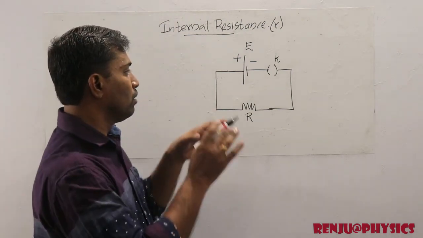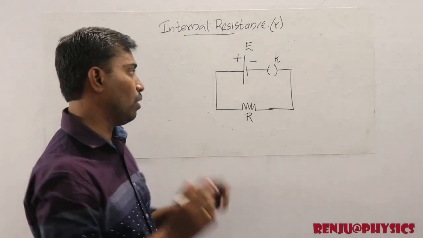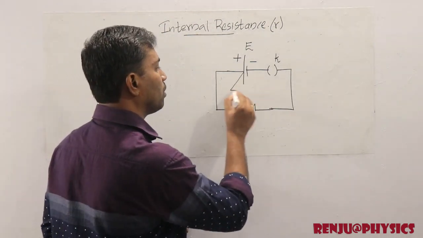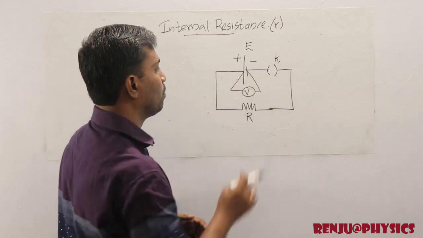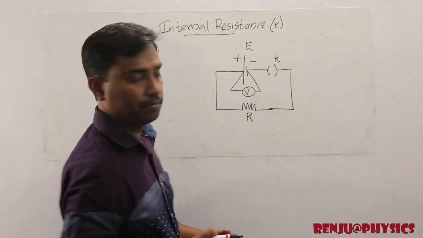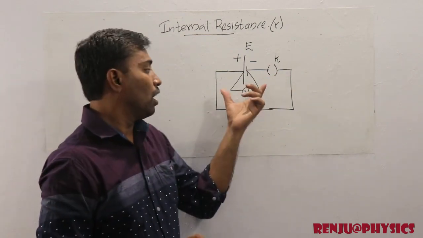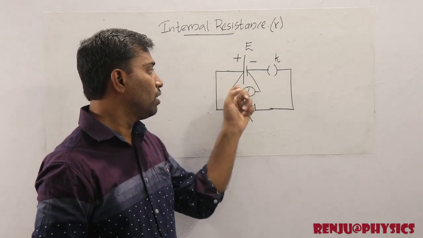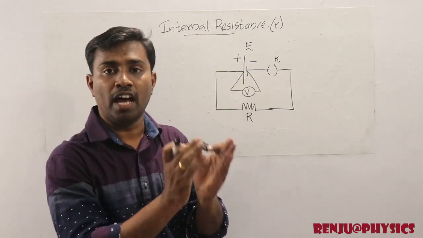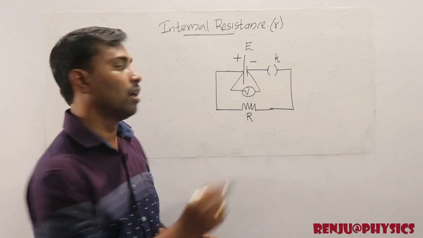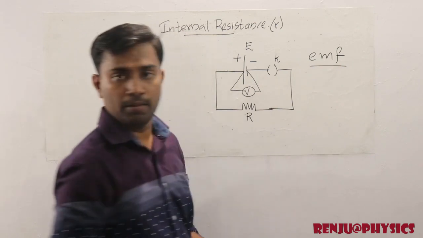Here the key is open. Now I connect a voltmeter between the positive and negative terminals. The circuit is open, and the voltmeter reads a value that is called the EMF of the cell.